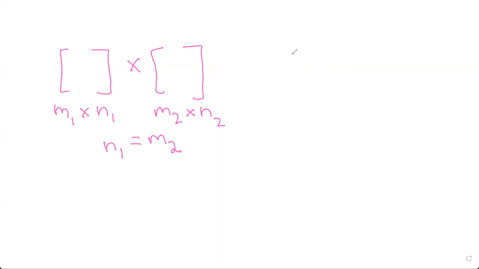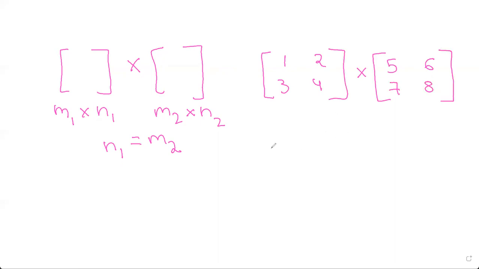Now let's look at an example. 1, 2, 3, 4 into 5, 6, 7, 8. So the way multiplication works, it isn't direct like how addition and subtraction works. You first do 1 into 5 plus 2 into 7. So you multiply the first row with the first column in the second matrix.